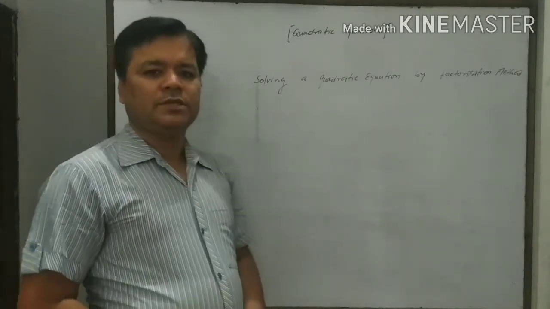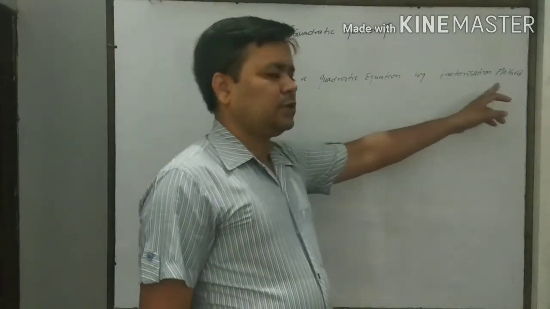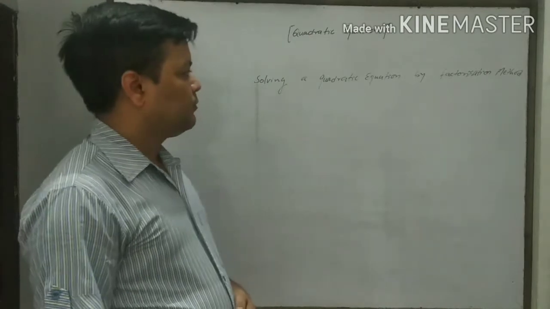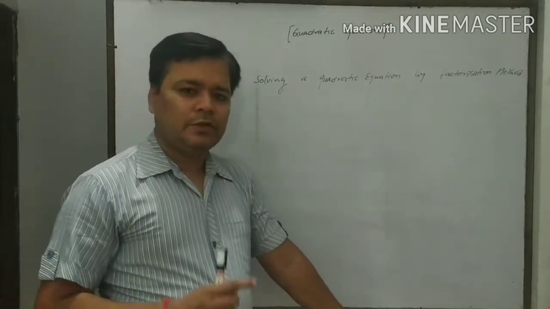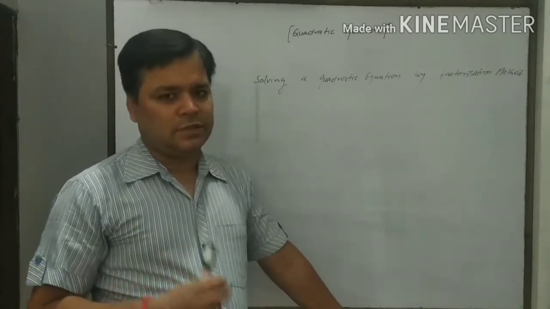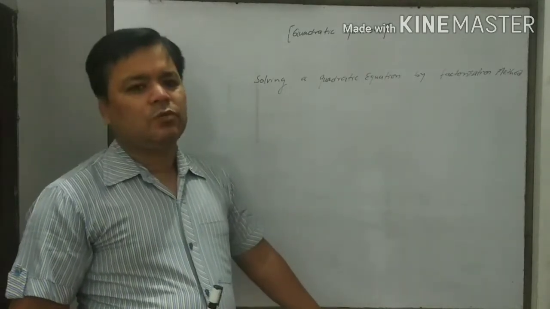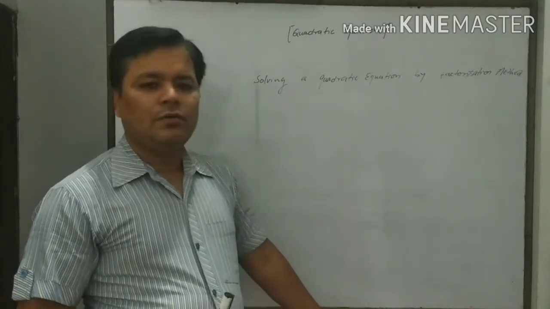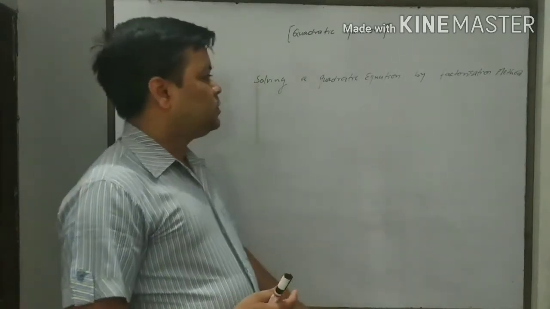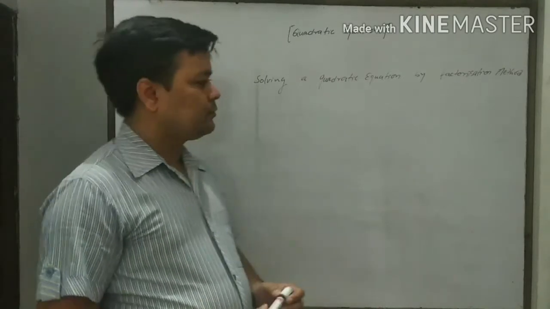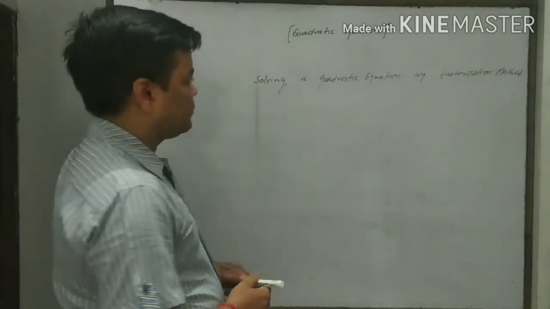Now we will discuss solving a quadratic equation by the factorization method. Yesterday we discussed that the solution of a quadratic equation is possible by two methods. The first one was the factorization method and the second was using the formula. Here first of all we will discuss the factorization method.